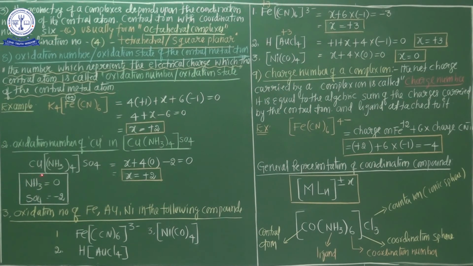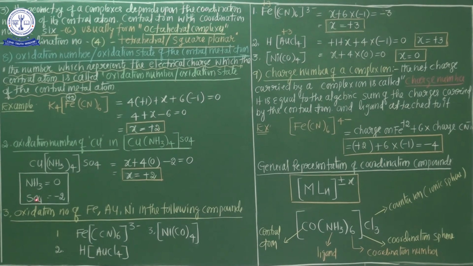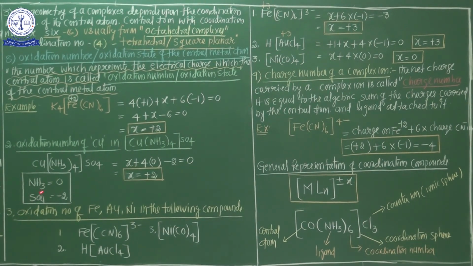So -3 plus 3 get cancelled, and the total net charge is 0. Similarly here, each oxygen is -2, into 4 gives -8, and sulfur is +6. So -8 plus 6 means -2. This is the process to calculate net charge.